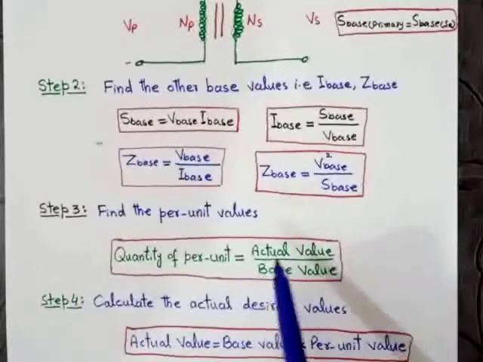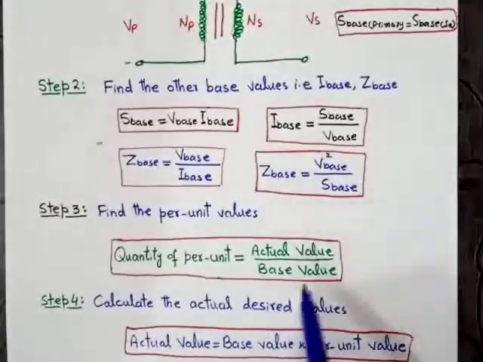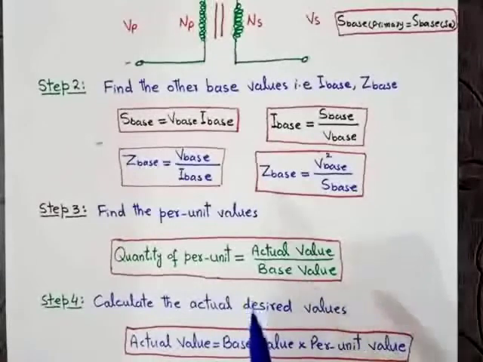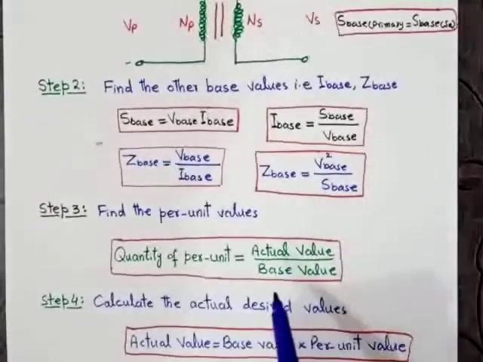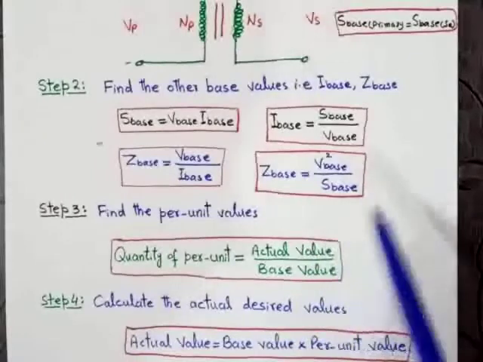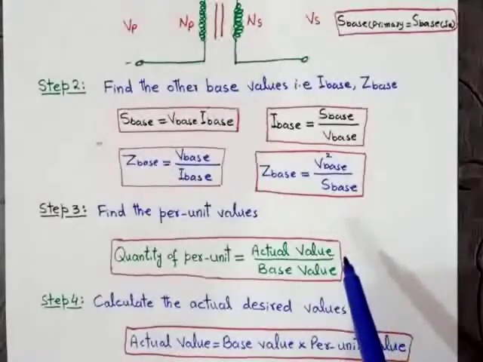If we use the actual value of voltage, then we will use the base value of the voltage as well. If we use the actual value of the current, then we will use the base value of the current. Similarly, if we use the actual value of the impedance, then we will use the base value of the impedance.